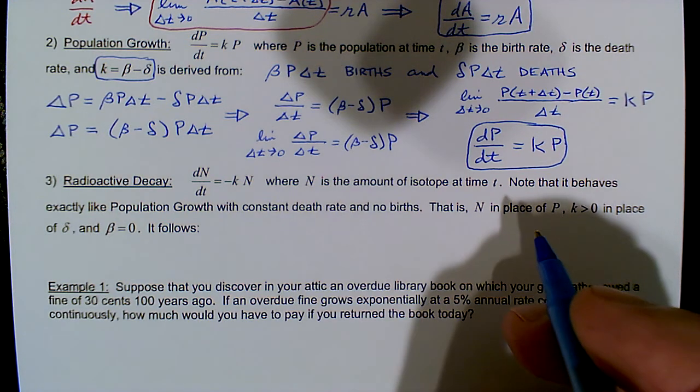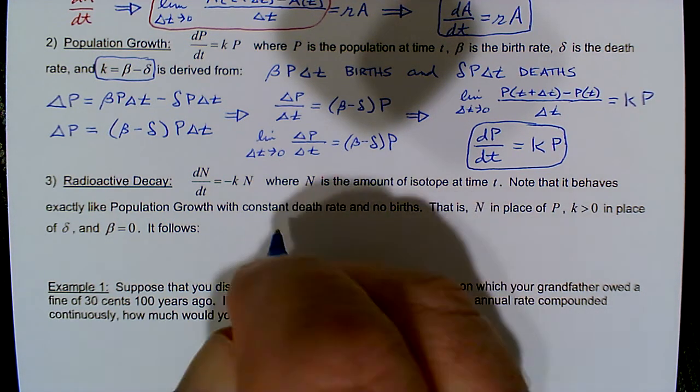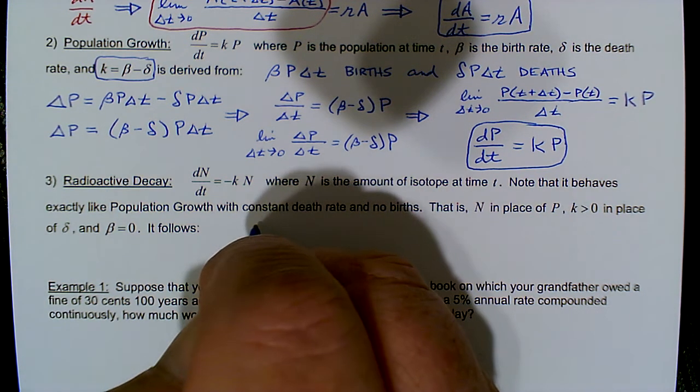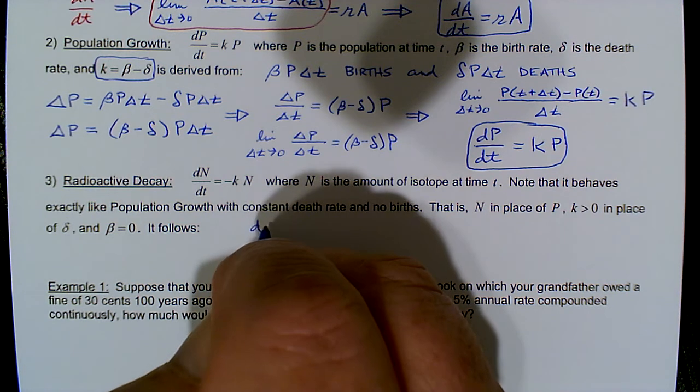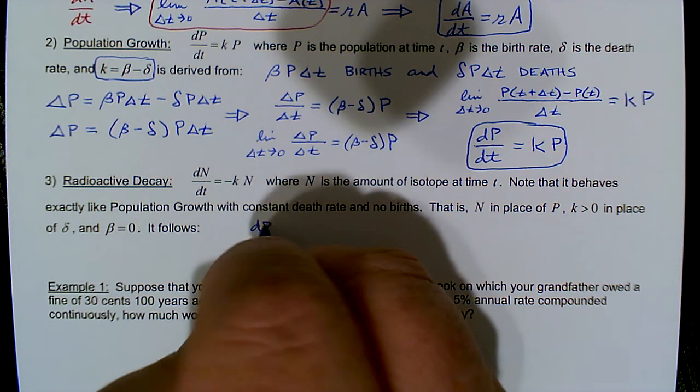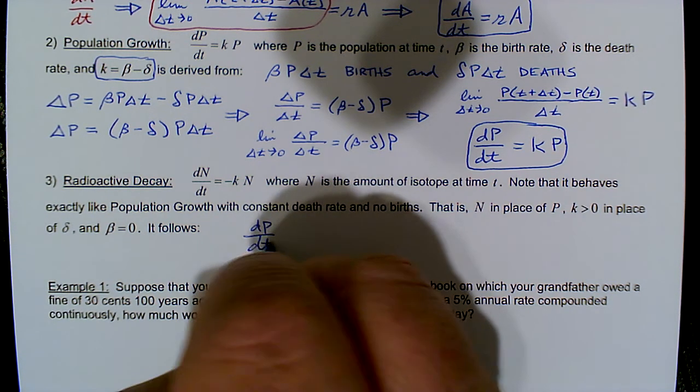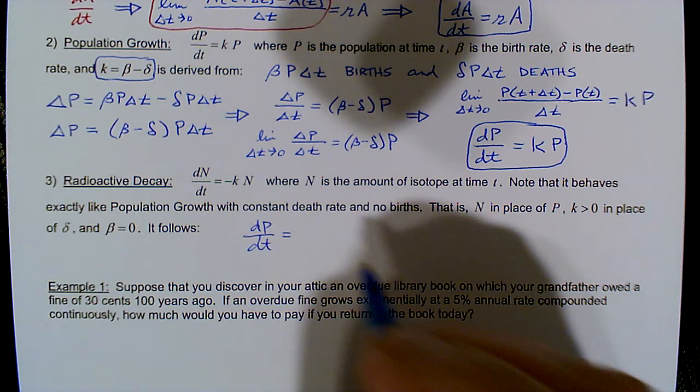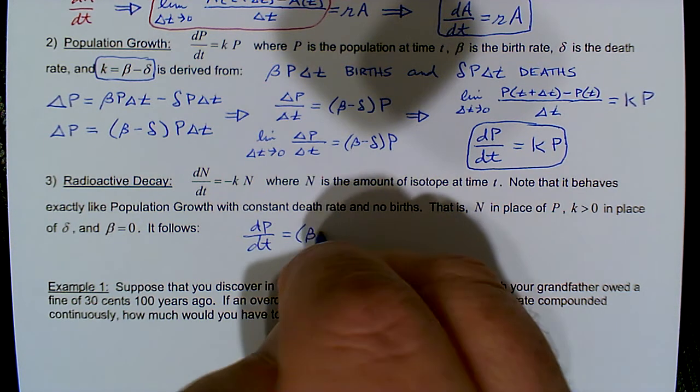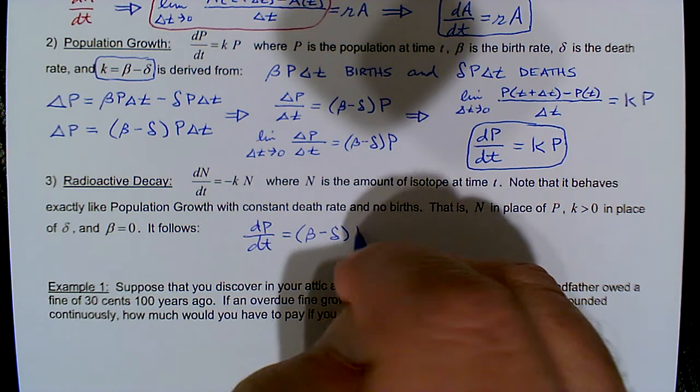So the formula, let's take it from we consider dp dt equaling beta minus delta times p.